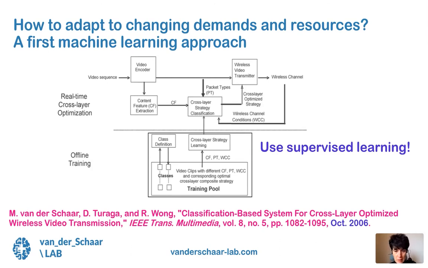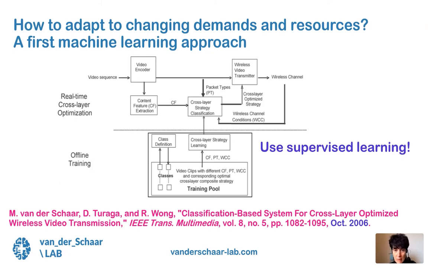For instance, in this particular paper, we formalized it using support vector machines, but other supervised learning methods can be used. So we can then, at runtime, just look at the current input characteristics as well as constraints and predict what would be the optimal cross-layer strategy to be used by this transceiver.